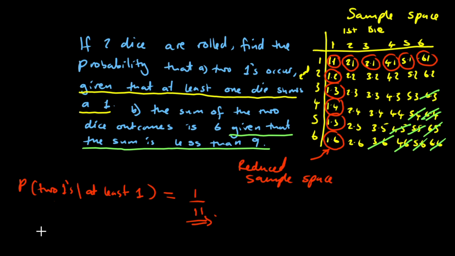So now we are on B. Probability of the sum of the dice is 6, given that the sum is less than 9.